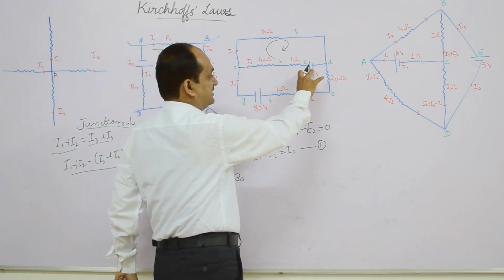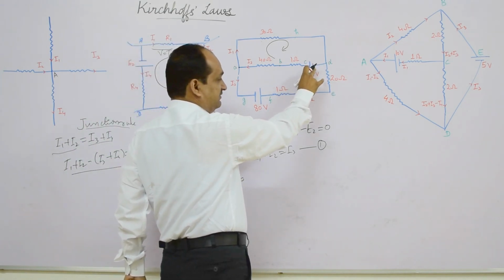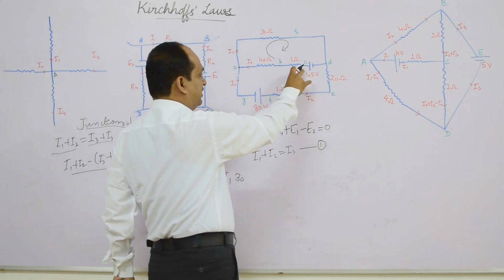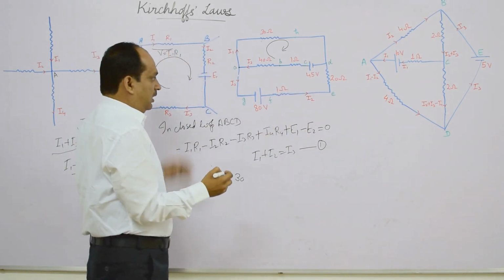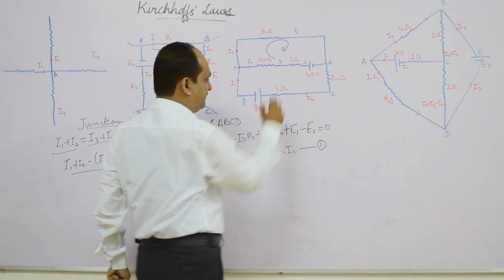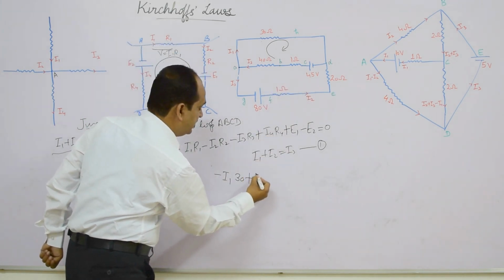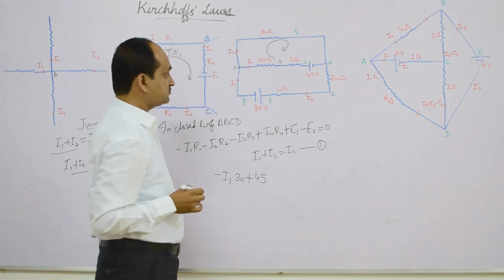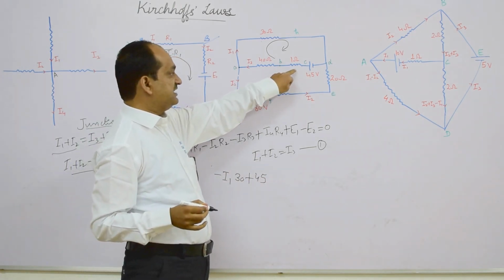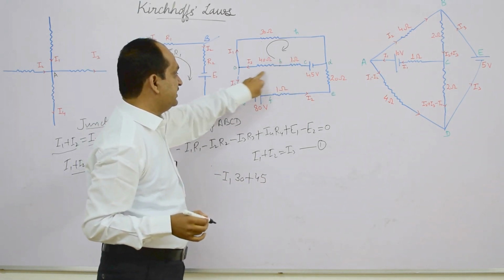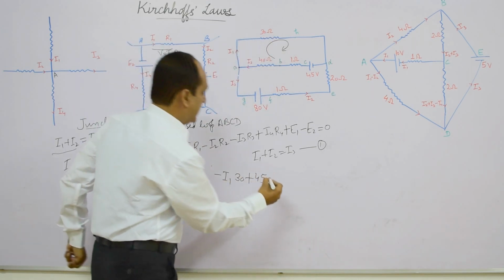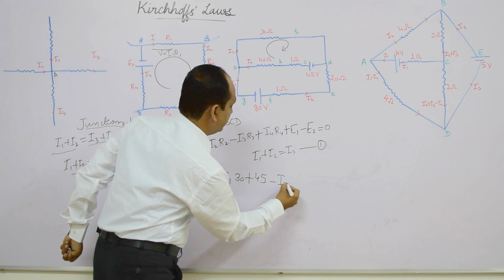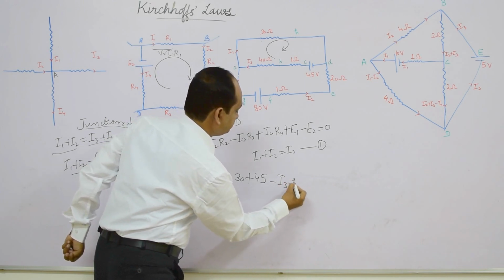Next, we get this EMF. First the negative terminal is there and then the positive, so the EMF will be positive here, and the value given is 45, so plus 45. Next, we have a resistance of 1 ohm and the current is I3 in the clockwise direction. That means minus I3 into 1.